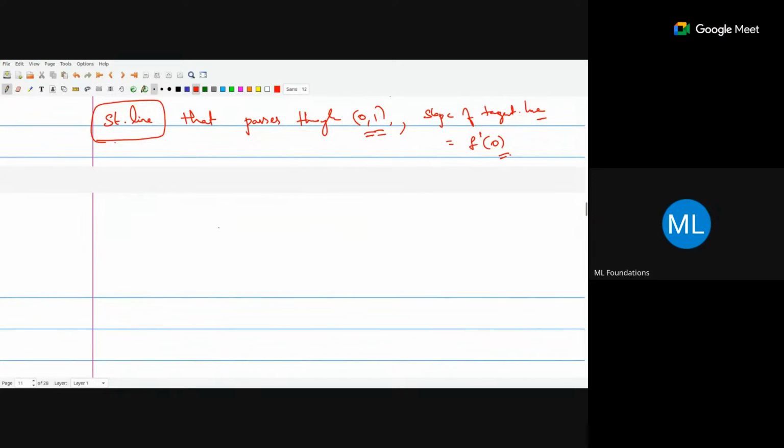Yeah, like point slope form. So if I use that point slope form, y minus 1 is equal to f dash of 0 into x minus 0. And I simplify this. So just recall, this is point slope form.